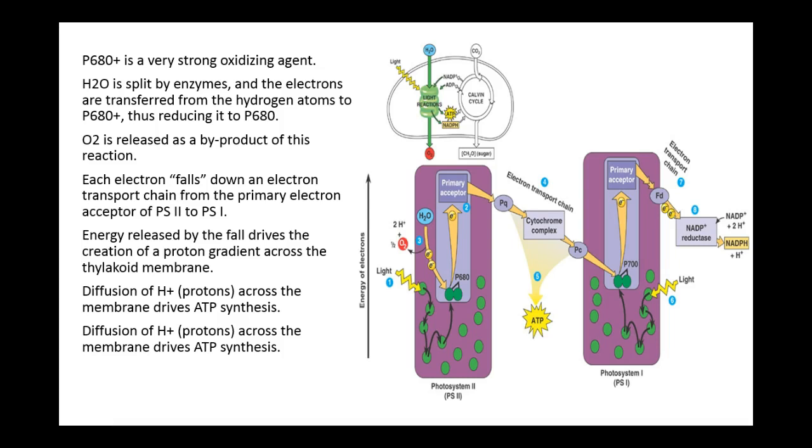So that causes photophosphorylation, which is a form of chemiosmosis. And for some reason I thought that was so important I had to say that twice. I apologize for that. That's actually twice on the slide. So that is how ATP is created.